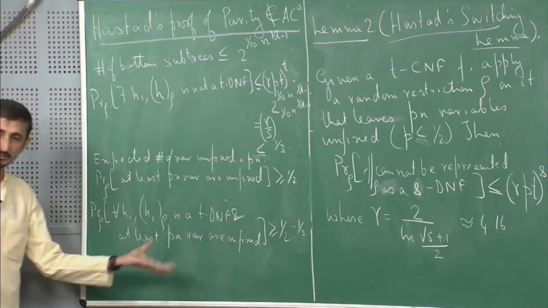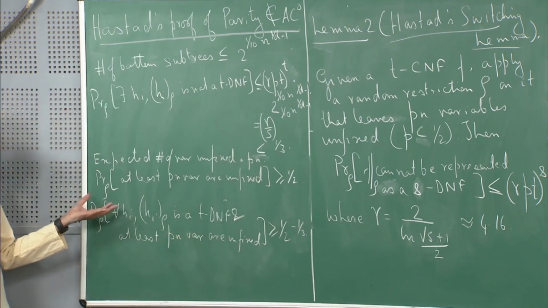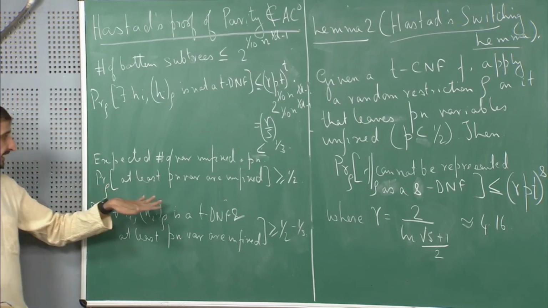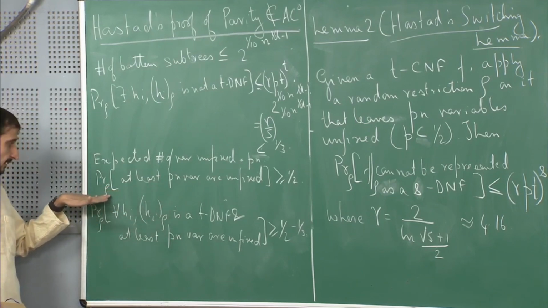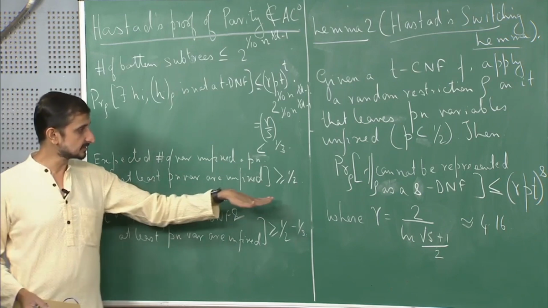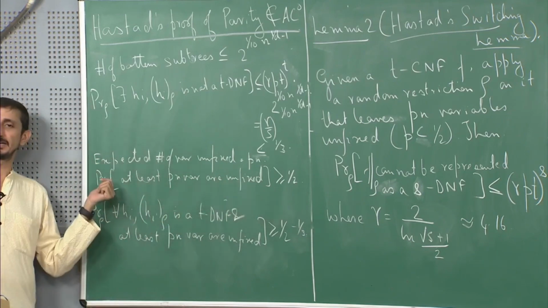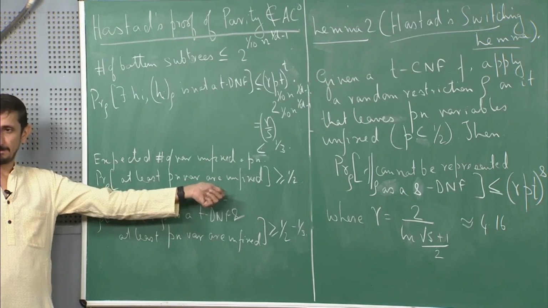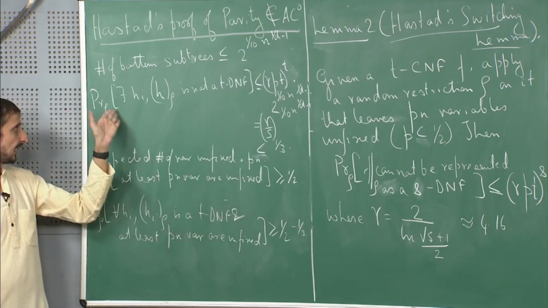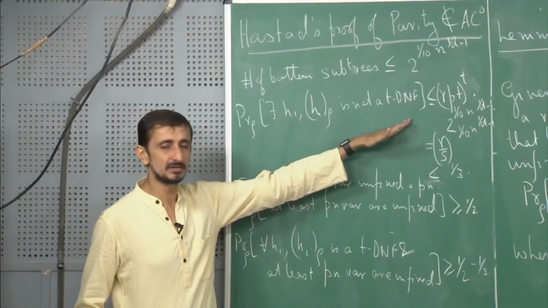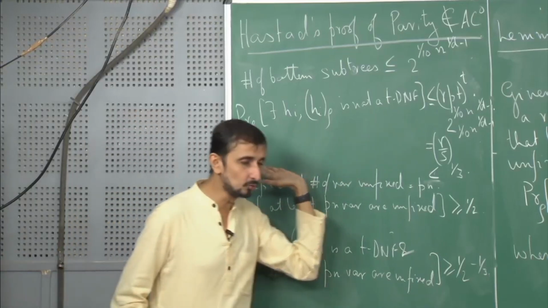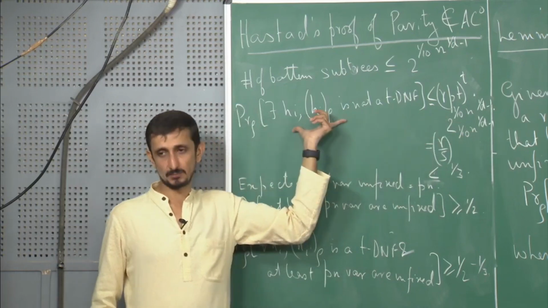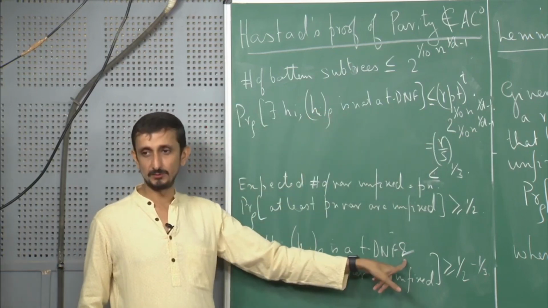So, how do we get this? Think of it as follows. One way of looking at this statement is that at least half the fraction of restrictions that I am choosing will give me this property. If I look at the negation of the other, at least 2/3 fraction of the restrictions that I am choosing will give me the negation of that property, which is what I have written here.